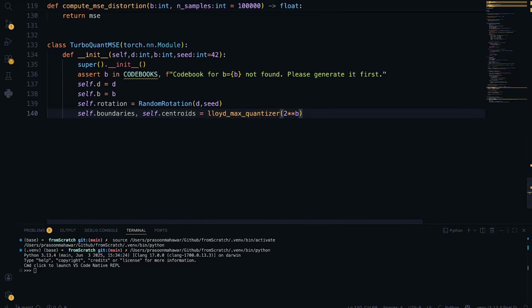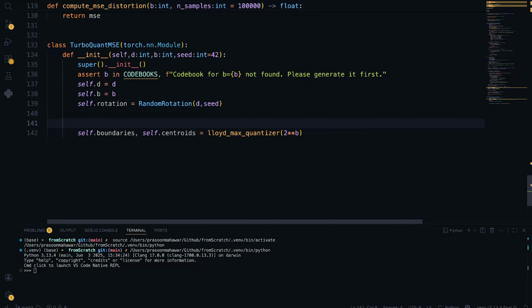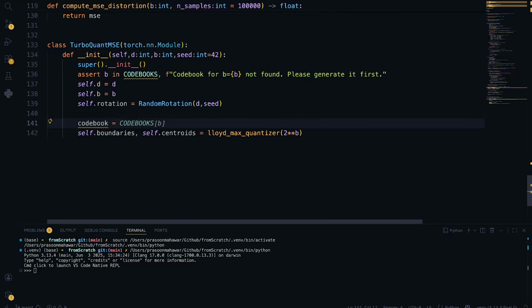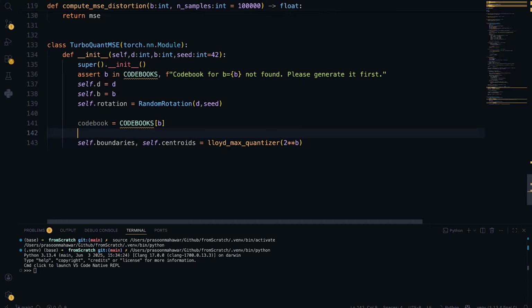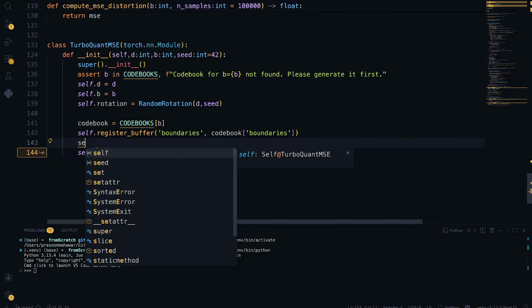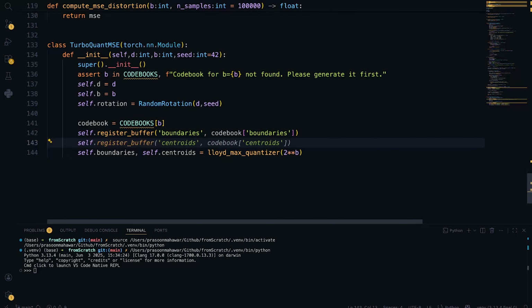And finally, before setting the boundaries, we will first load the pre-computed codebook equals codebook of b, and we will then register buffer boundaries and centroids, self.centroids.